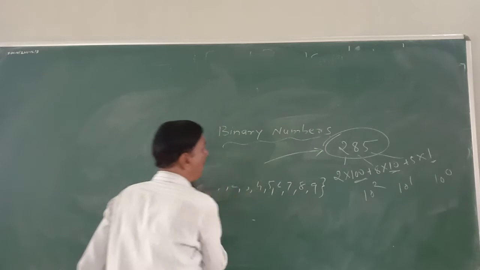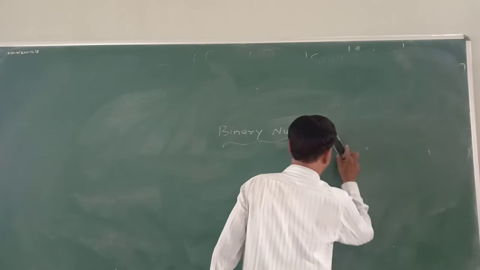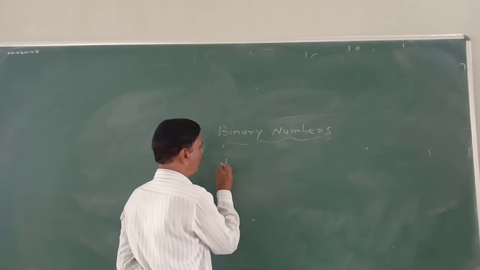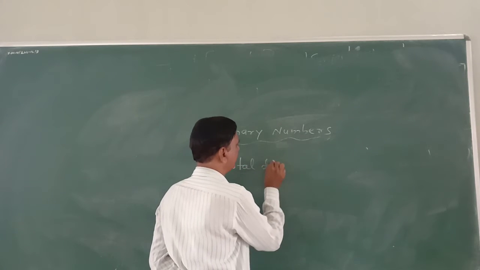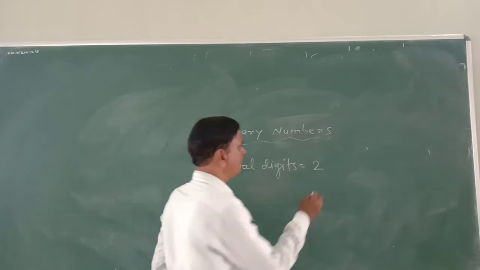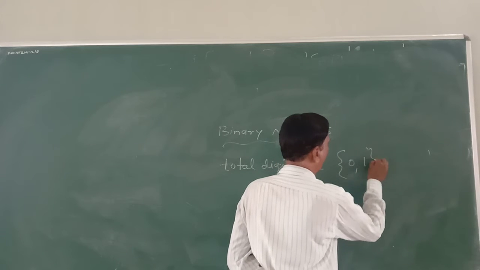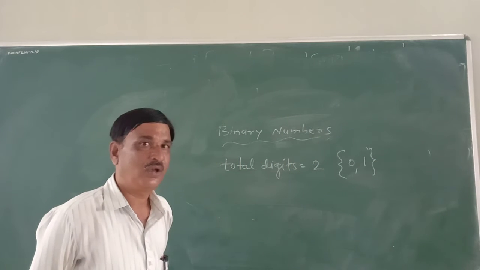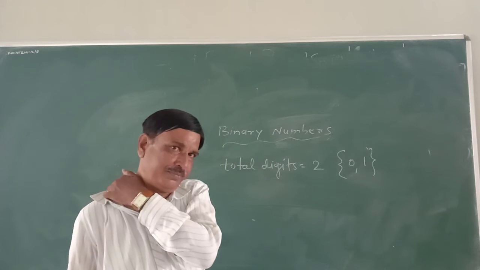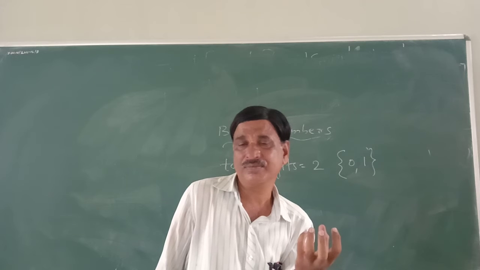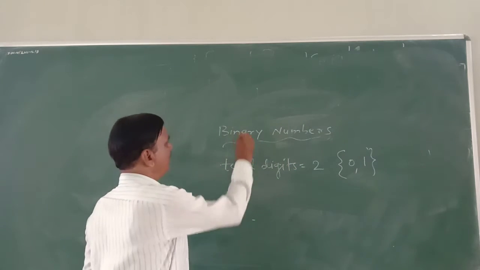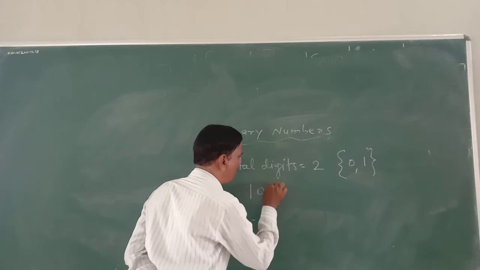Today we are going to see binary numbers. In binary numbers there are only 2 digits, total digits 2. What are those? 0, 1. As the decimal number system had 10 digits and any number had a power of ten for every digit, similarly, an example of a binary number, see 1, 0, 1, 1.